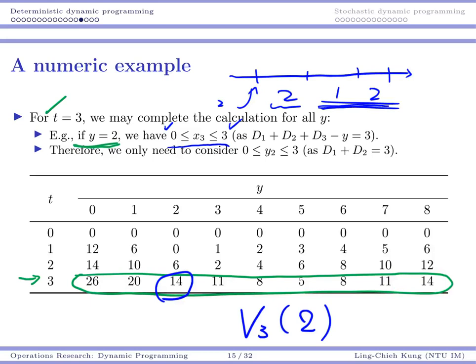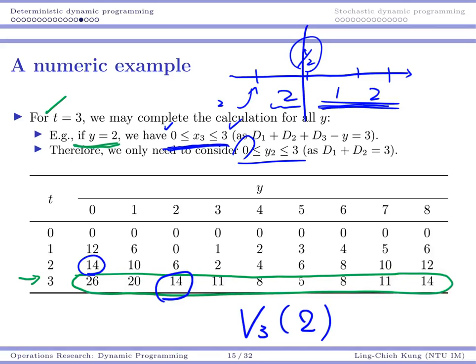Okay? Therefore, what we need to consider is that if my x3 is within 0 to 3, then for my y2, the possible values that I leave for tomorrow are 0, 1, 2, and 3. I can decide I want to leave nothing for tomorrow. In that case, I'm going to pay $14 starting from the next day.